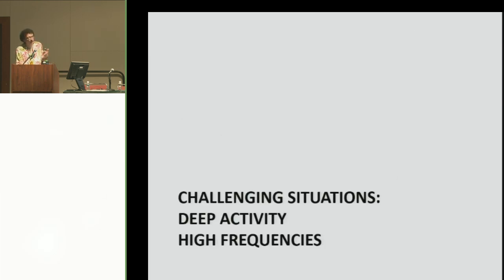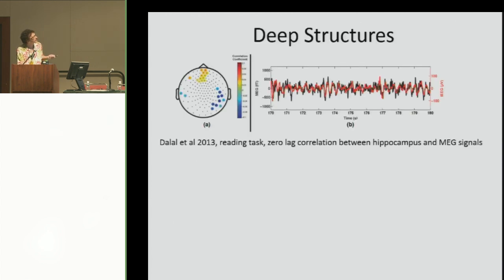Now we're going to more challenging situations: deep activity or high frequencies. For the deep structures, there are a few reports that you can actually measure hippocampus activity with surface MEG. This is Sarang Dalal's data showing that you can reconstruct theta activity from the surface that has zero lag with the hippocampus.